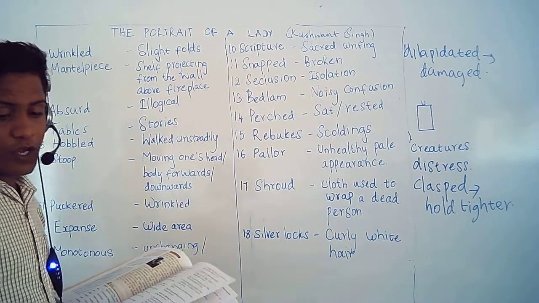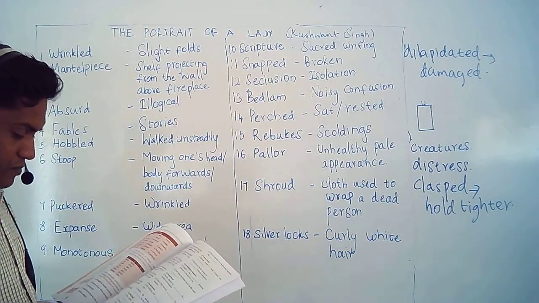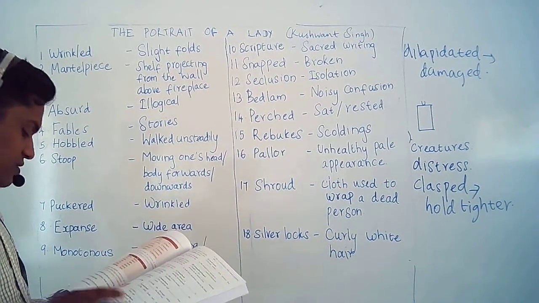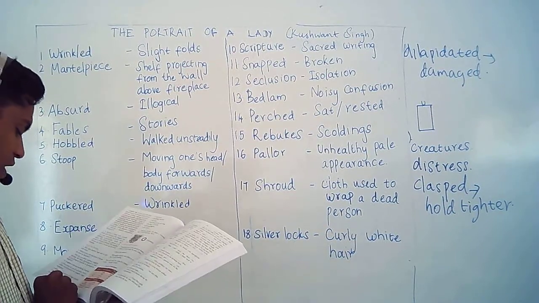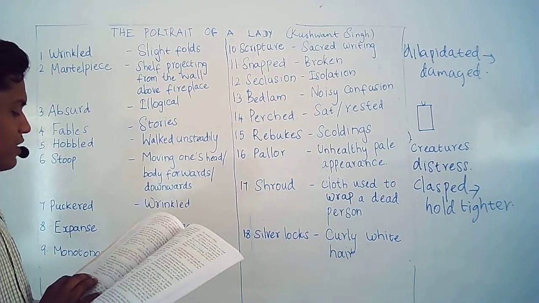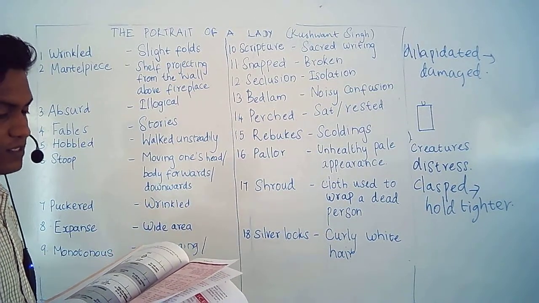In the next video, I'll be solving all the exercises given on the 5th, 6th, 7th, and 8th pages, and also on the 10th, 11th, and 12th pages. And let us also learn some of the grammar given in this lesson, okay?